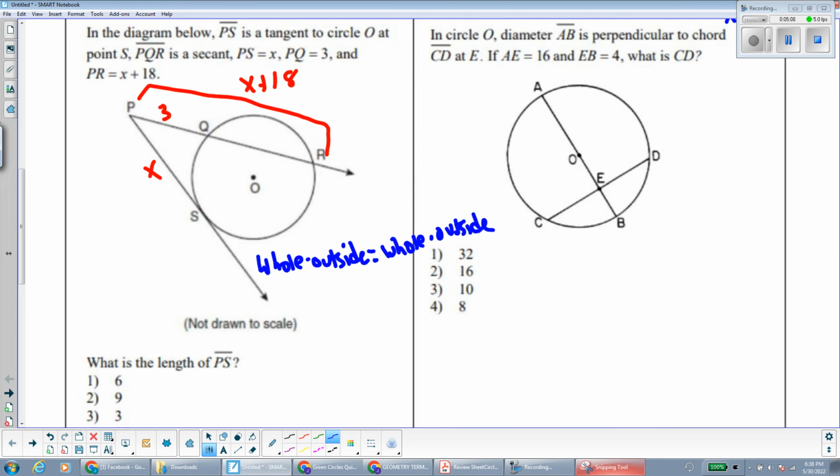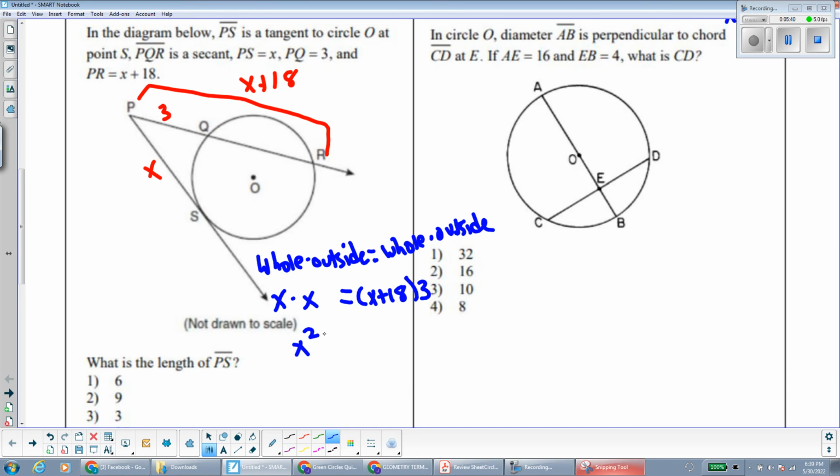Taking a look at the tangent to the circle that we have here, the whole thing is represented as x, and the entire tangent is located outside the circle. So the outside part of the tangent would also be x, since its whole and its outside part are the same thing. The whole secant is represented as x plus 18. And the outside part of the secant, the part that's outside the circle, is just 3.